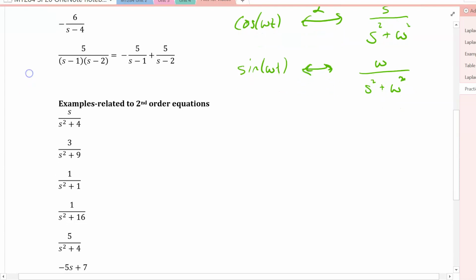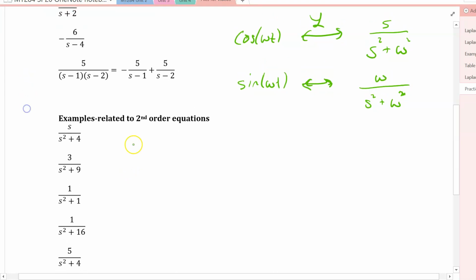The first one in this list is pretty direct. It's definitely a cosine. Just keep in mind that this is s squared plus 2 squared, so omega is 2, because 2 squared is 4. Thinking about inverting this, what function of t is it related to? This would be related to cosine of omega t, which is cosine of 2t in our case.